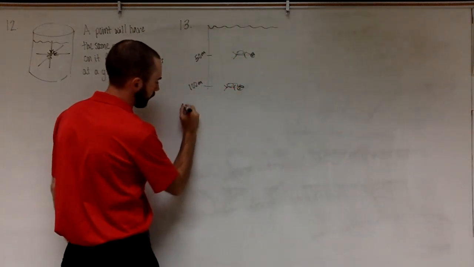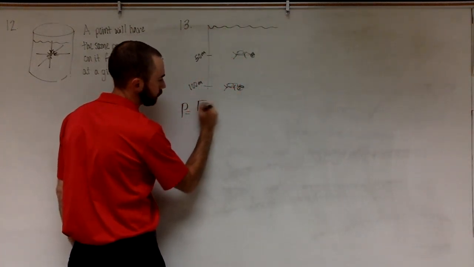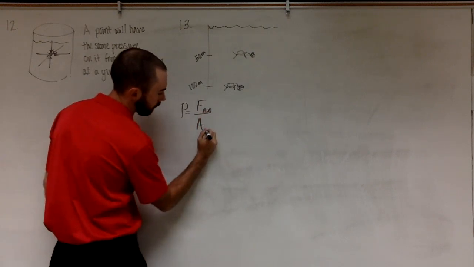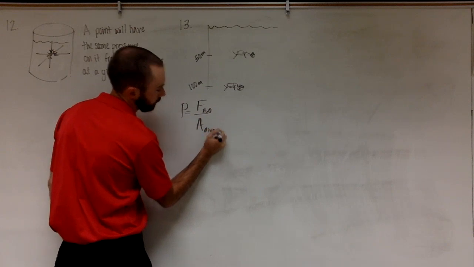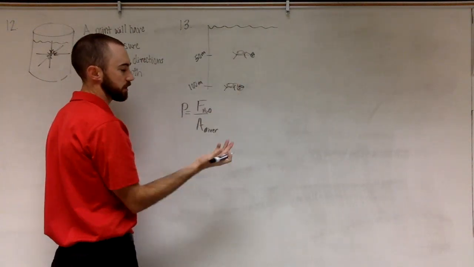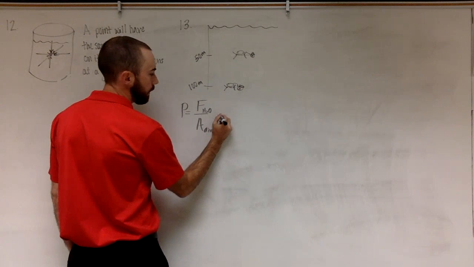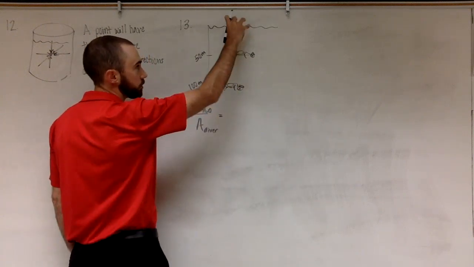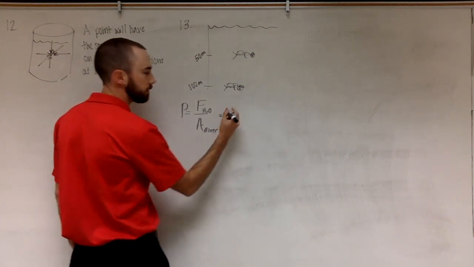Mathematically, we can see this relationship by looking at our pressure formula. Pressure is equal to force over area. So this is just the force of the water on our diver. His area doesn't change as he goes down, so that shouldn't affect it at all. But now what we're going to look at is how do we find the force of the water? Well, it's just the gravitational pull down on it.